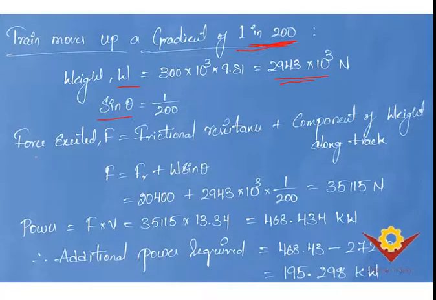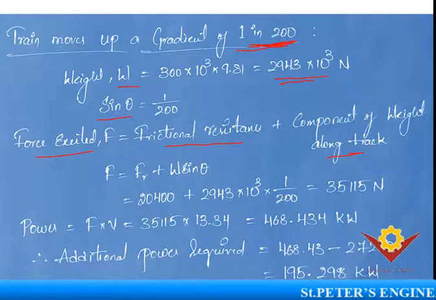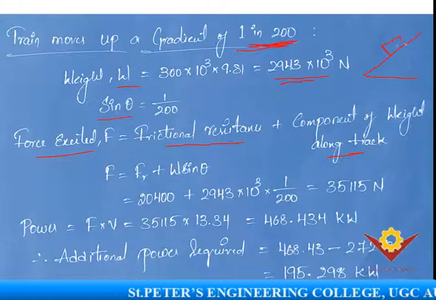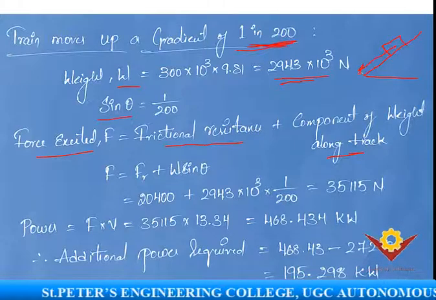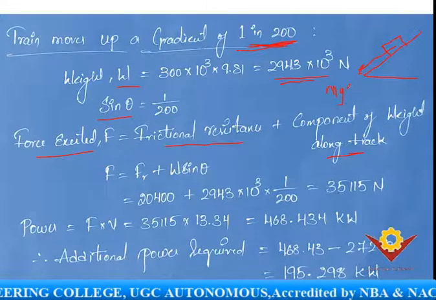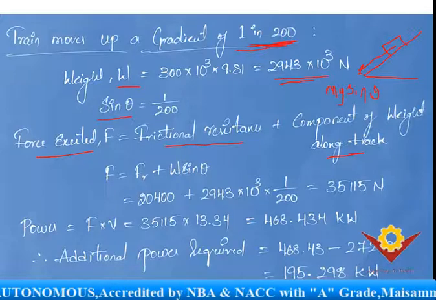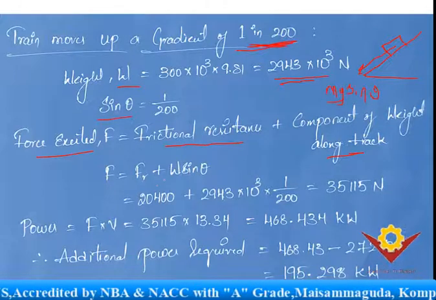And now we'll find the force exerted, which equals the frictional resistance plus the component of the weight along the track. That means when the body is on the incline, you have a component which is mg sine theta, and mg is nothing but your weight, so you can replace mg with weight sine theta.